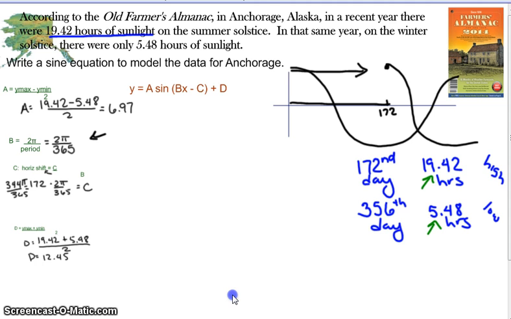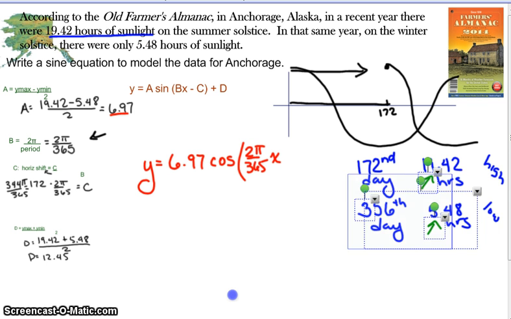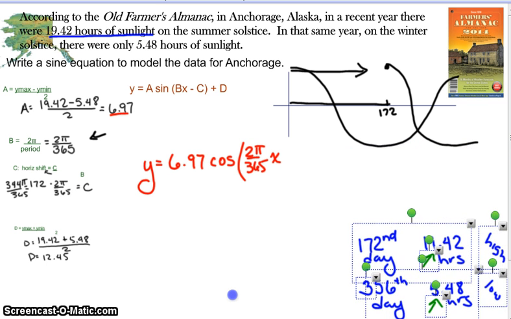Let's write our final answer. Our final answer will say y equals, here's my A, 6.97 times the cosine of 2 pi over 365 times x. Don't forget the x. A lot of people try to forget the x. I need to give myself some space.